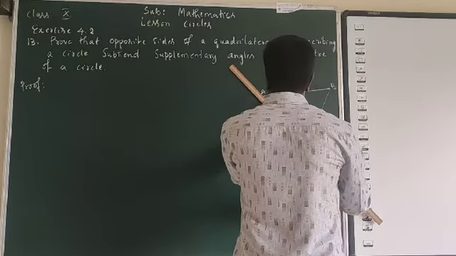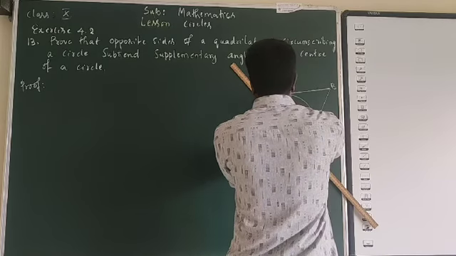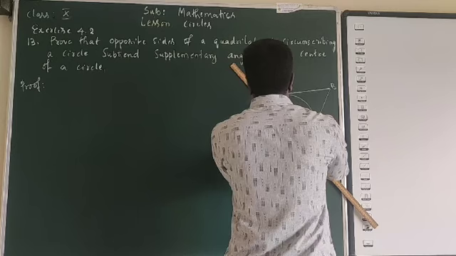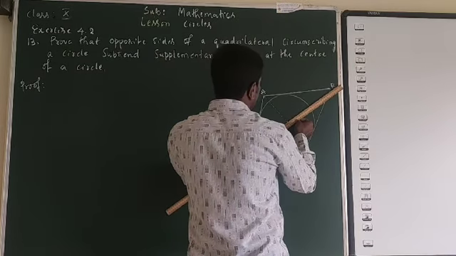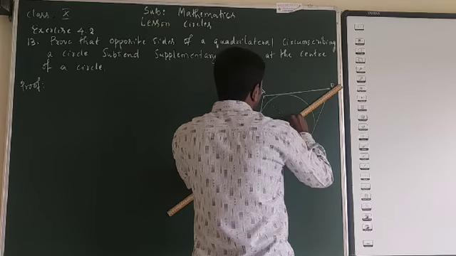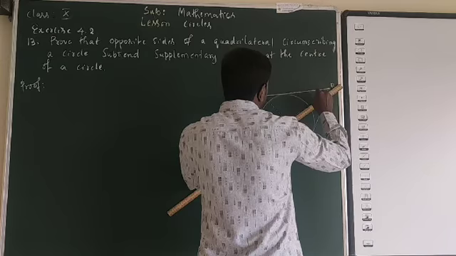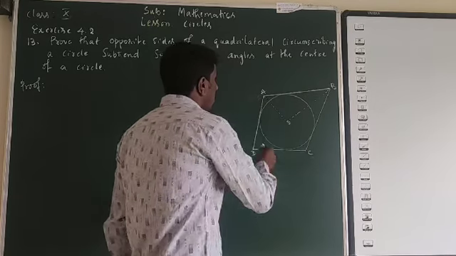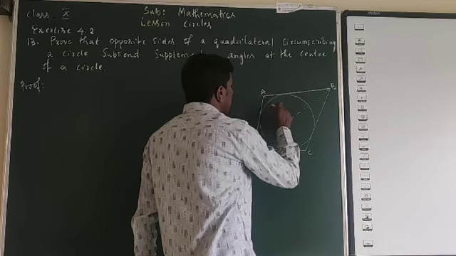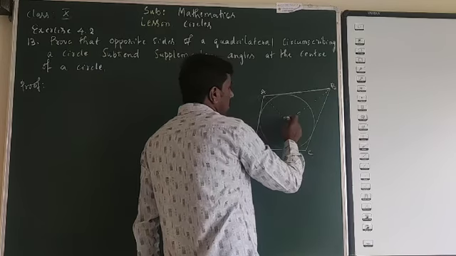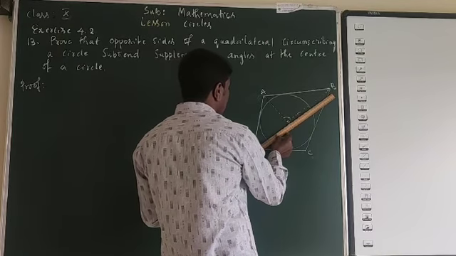So you need to connect the opposite sides to the center of the circle. Now this is the angle subtended by one of the sides at the center. At the center, we make one more angle for the opposite side.